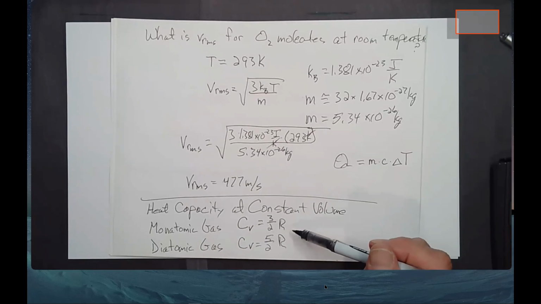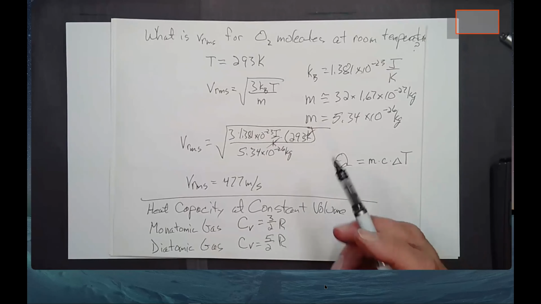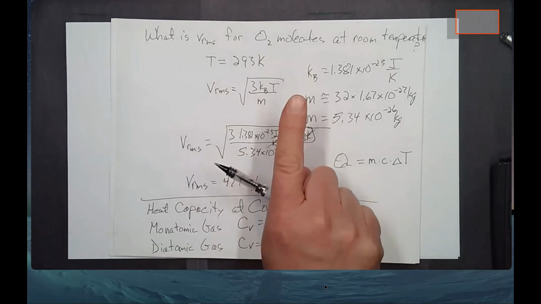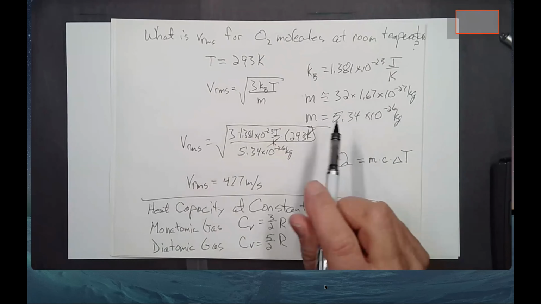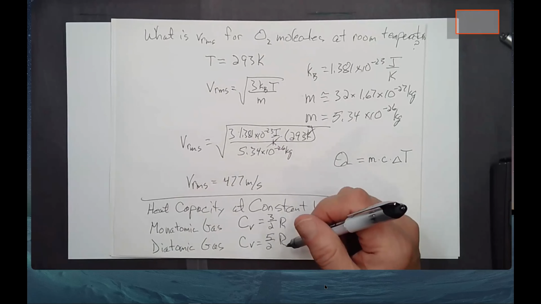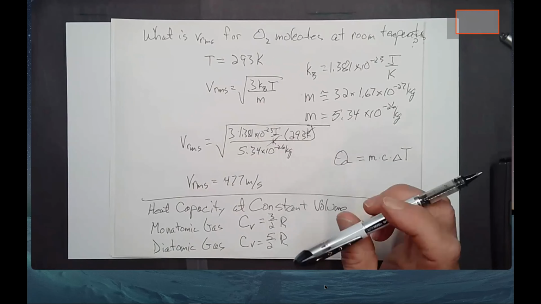A monatomic gas would be something like helium or the noble gases. Helium or argon are both monatomic gases. When you add heat to them, it goes to increase their kinetic energy. But you can only go in 3 different dimensions: the X direction, the Y direction, and the Z direction.